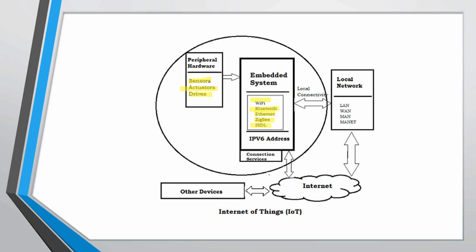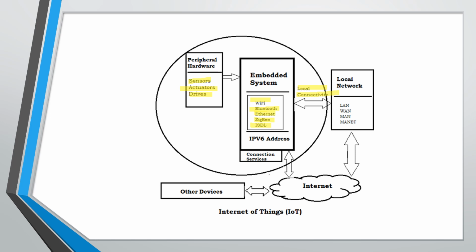Now, the local area network, metropolitan area network, and wide area network are required to send and receive data from one location to another. If we are talking about connecting these modules to the internet, the internet is also available in other devices.